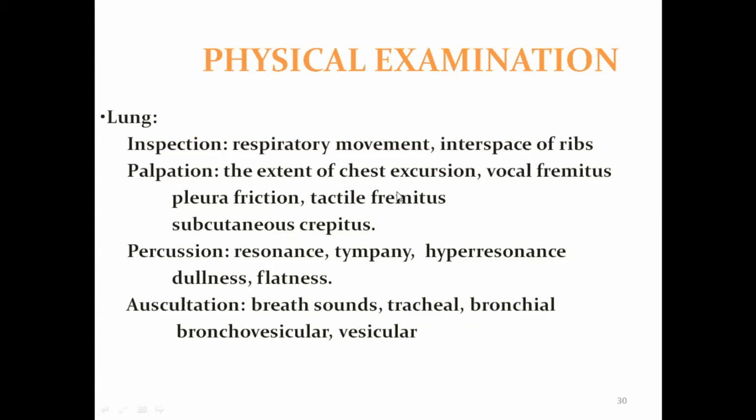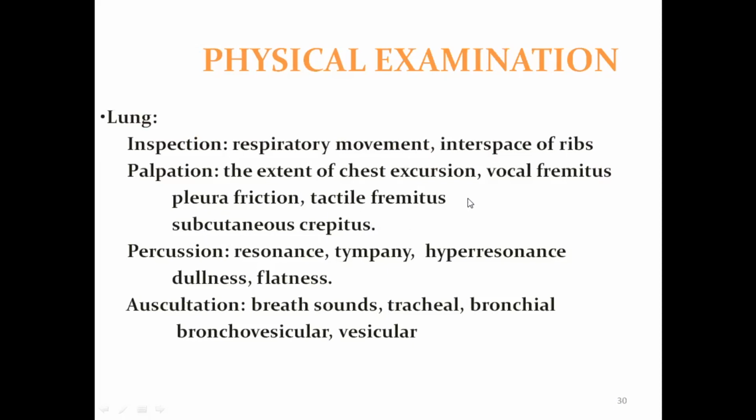Lungs inspection: you have to see the respiratory movement, the interspace of the ribs, the spaces in between the ribs. Palpation: the extent of the chest excursion, vocal fremitus, pleural friction, tactile fremitus, subcutaneous emphysema.